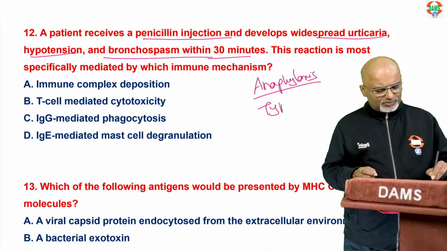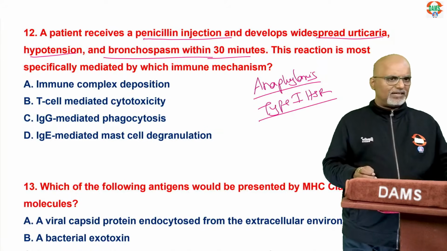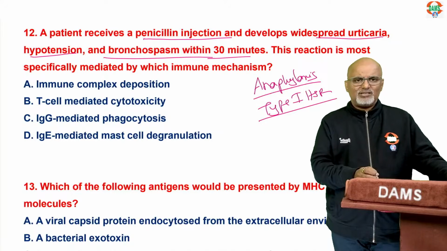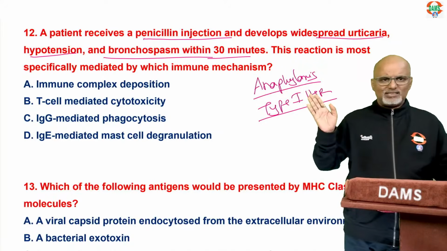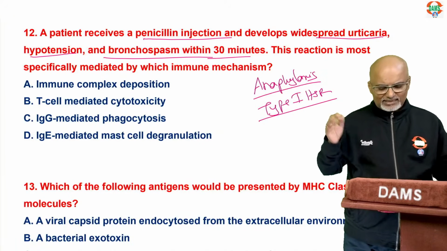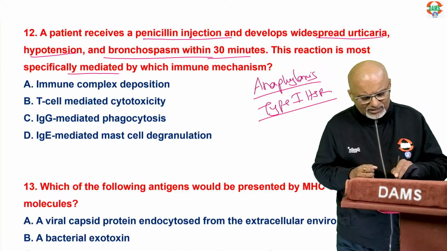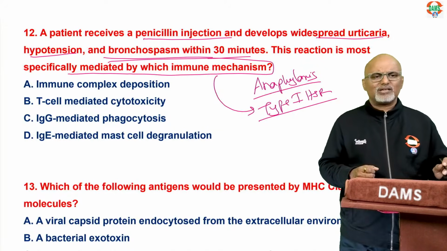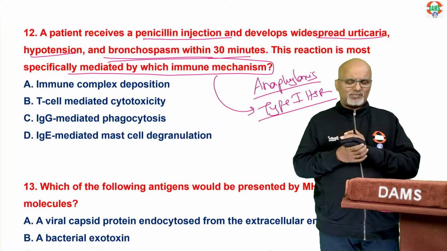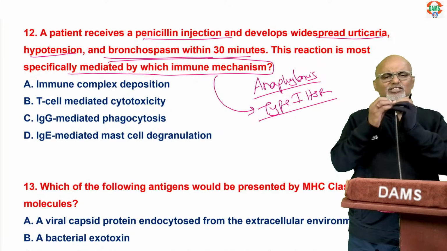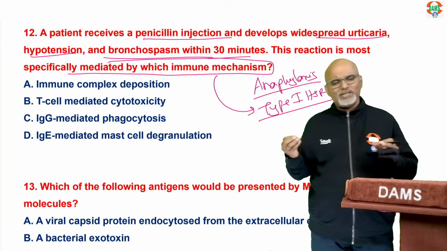That's all. First you consider it is type 1 hypersensitivity. Next, what is the question they asked? Specifically mediated by which immune mechanism? Type 1 hypersensitivity immune mechanism: IgE activated, breaks the mast cell, degranulation of mast cell, release of mediators.